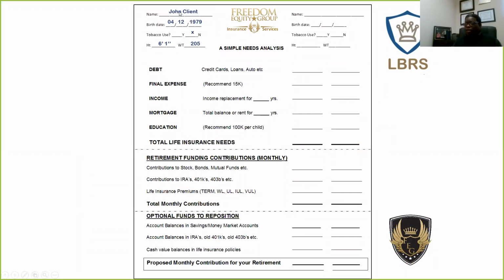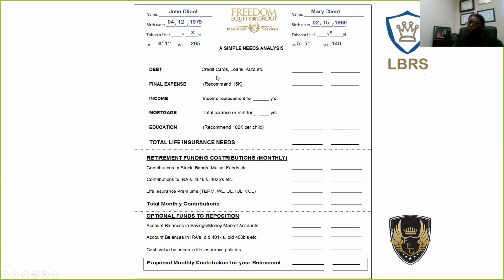But you want to get their name, their date of birth, whether or not they are a smoker, their height and weight. And you want to do the same thing for the wife on their side, because we want to develop a need analysis for both, right? The reason I want to do that is just in case one passes, the other one is able to take care of the financial needs. If the husband passed, the wife needs a certain amount of coverage to replace the husband's income and all of those type things.